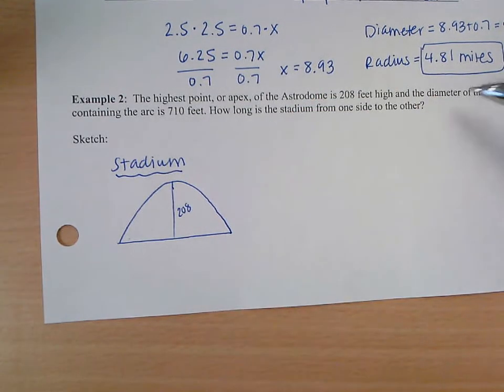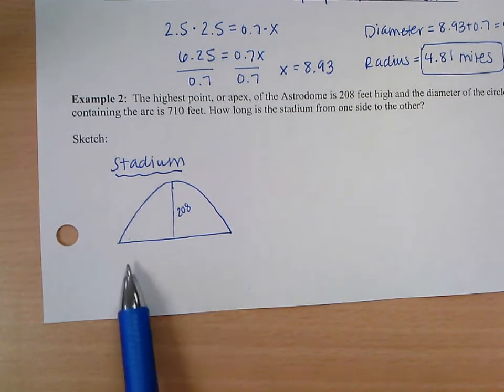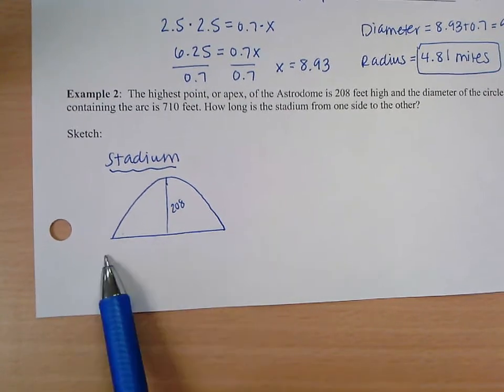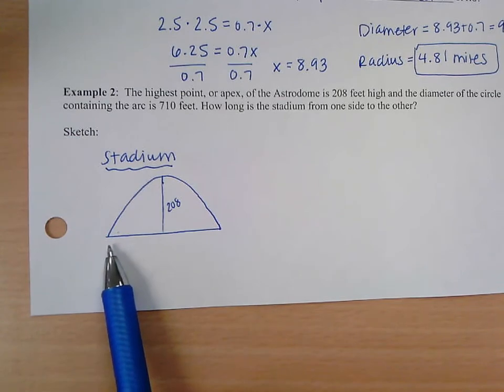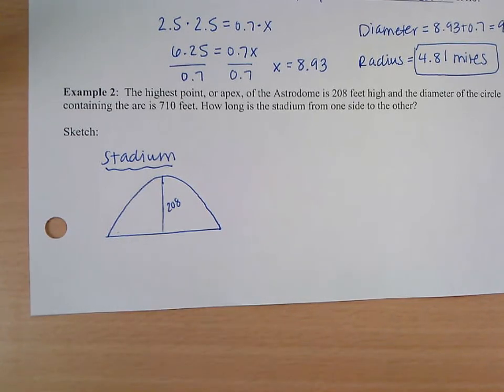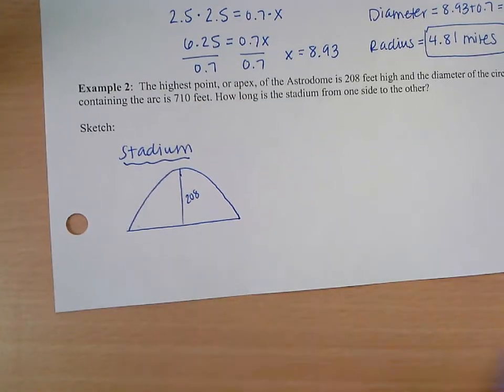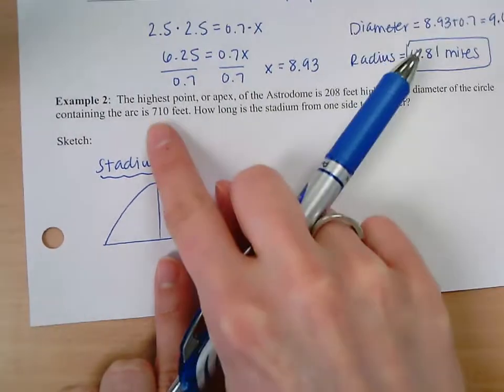And then it's giving us the diameter, but this here is not necessarily the diameter. It doesn't tell us that the ground level is exactly where the diameter of that circle would be, so you can't label the diameter here. We just know the diameter is 710 feet.